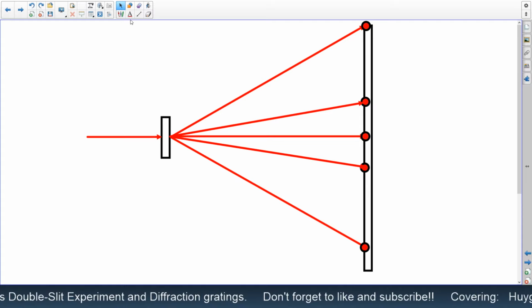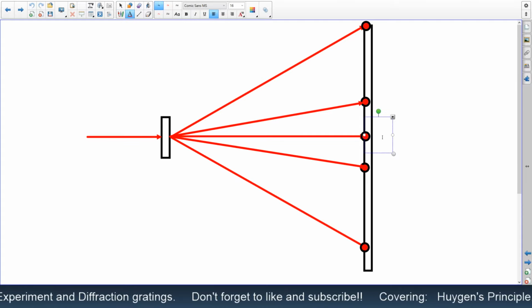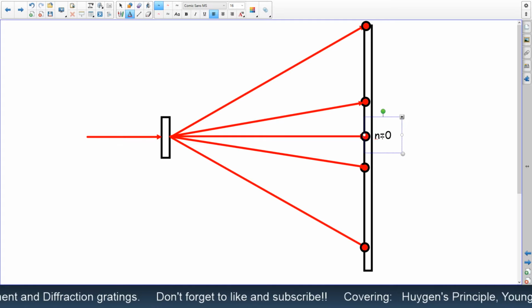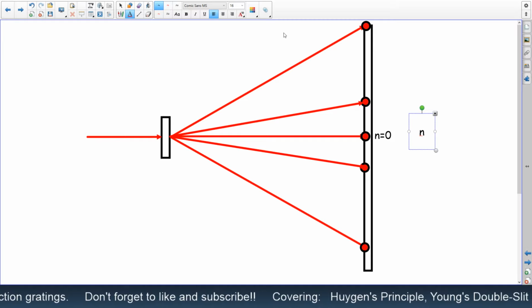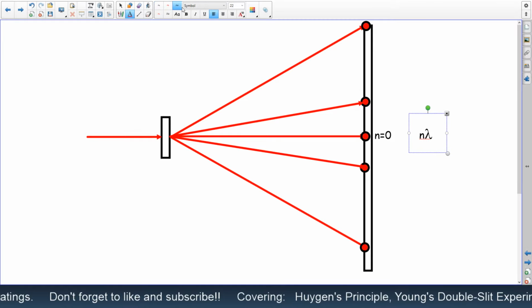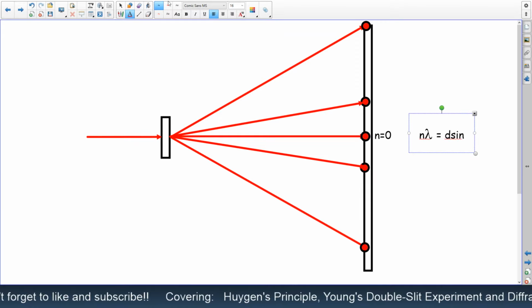Now, it turns out that your central one corresponds to a situation when n equals 0. Now that makes sense because remember n lambda is equal to d sine theta.